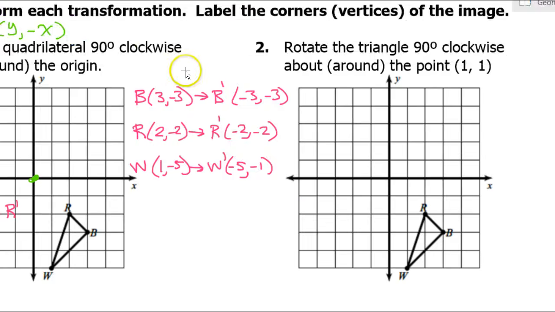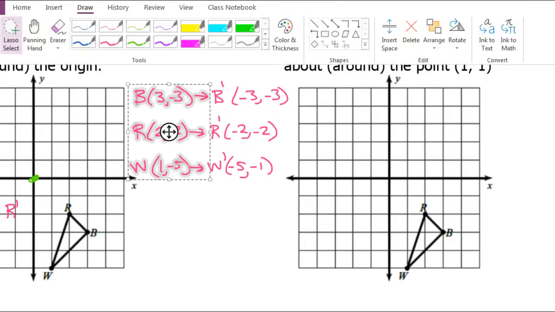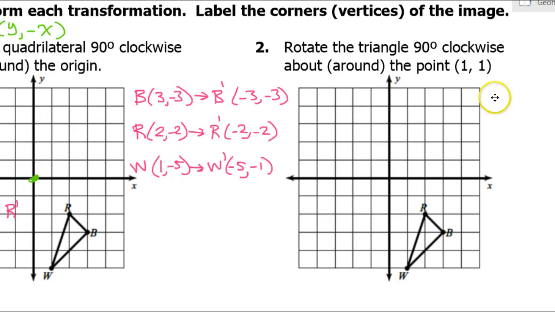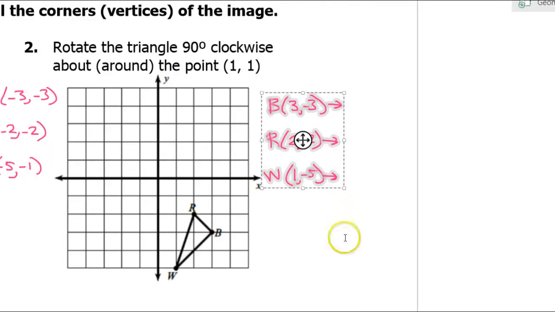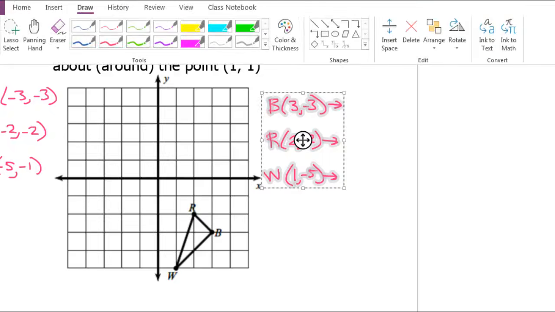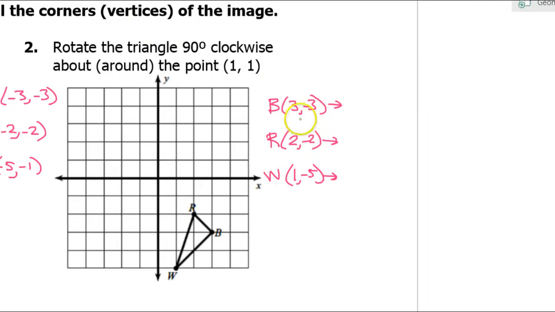In fact, I think I will use my digital tools here to make that happen. Okay, so now I've copied down the original points. However, the origin is not the point around which we are rotating. The 0, 0 is not the center of rotation. I can't just do the rule to these points.